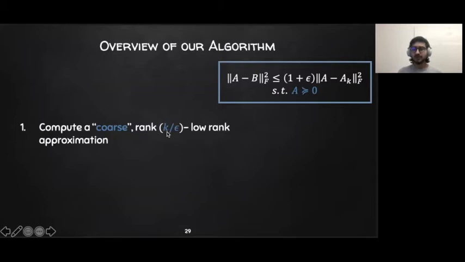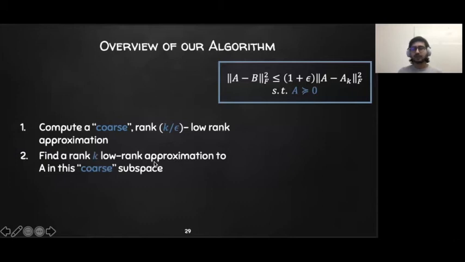The coarseness here refers to the accuracy of the low-rank approximation that we compute. Note that our target accuracy is a 1 plus epsilon approximation, but in the first step, we suffice for a constant approximation. Then, given this coarse approximation, we find a rank k low-rank approximation in the subspace that we recovered from the first step.